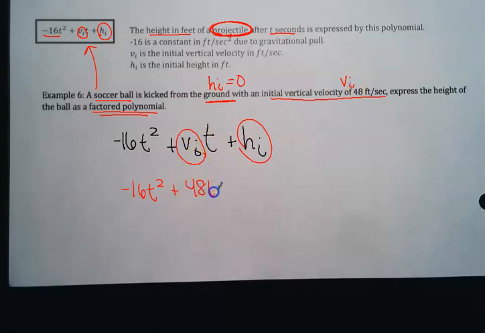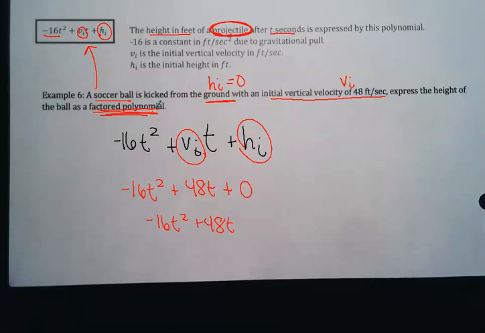So we have negative 16t squared plus 48t plus 0, and we don't need the 0, so that's negative 16t squared plus 48t. And we're supposed to factor it.